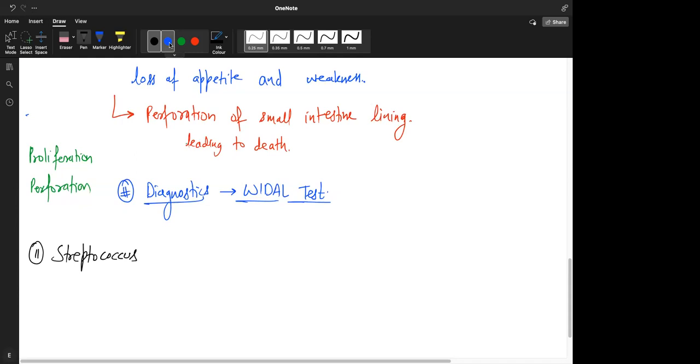It is worth mentioning here that the Vidal test is an antigen antibody agglutination test, which means antigen binds to antibody and forms an agglutination, an aggregate.